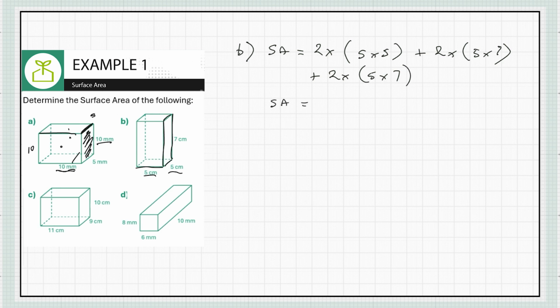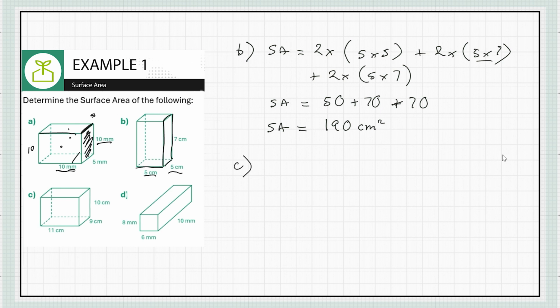So 5 times 5 is 25, times 2 is 50, and then 5 times 7 is 35, multiplied by 2 is 70, and then the same down here is also 70. So our surface area is going to equal 190 centimeters squared.